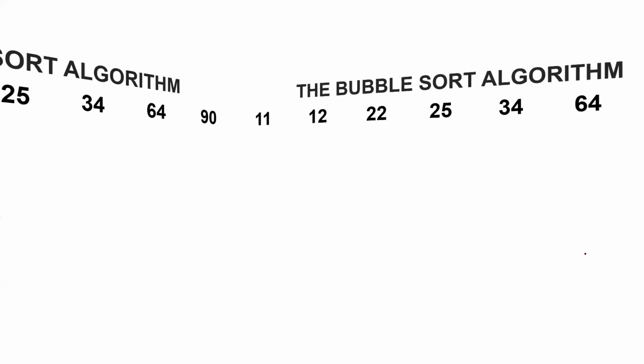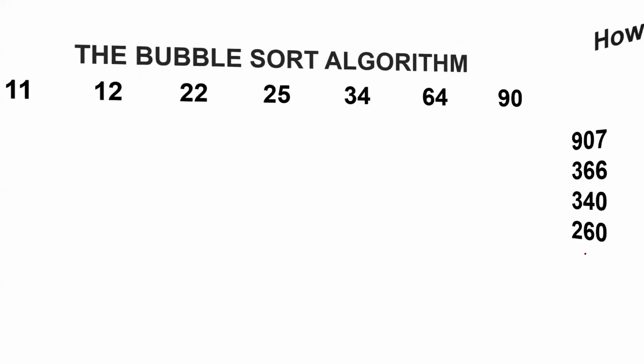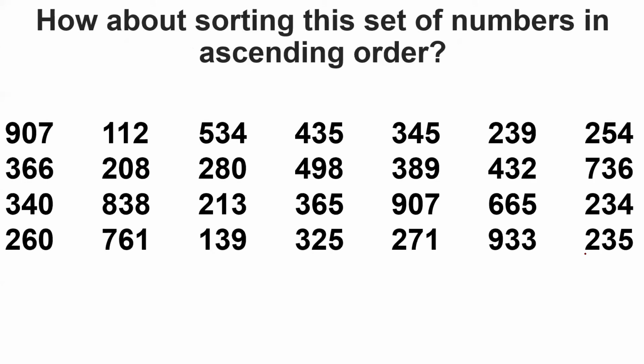So with this tedious algorithm, it will be very difficult for you to try sorting the next set of numbers. Why not give yourself a minute or two to try using what I have demonstrated to sort the following set of numbers, starting from 907, into order.